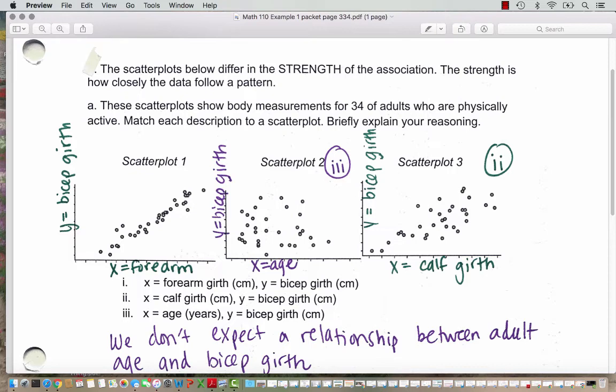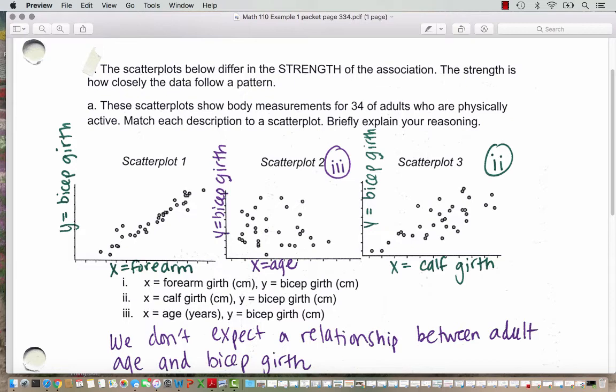Now we have to decide which is the stronger association, the relationship between forearm girth and bicep girth or calf girth and bicep girth. Since forearm girth and bicep girth are on the same arm, those are going to be more closely associated, I believe, than calf girth and bicep girth. I do overall expect, though, if someone has larger calves, they'll have larger biceps.